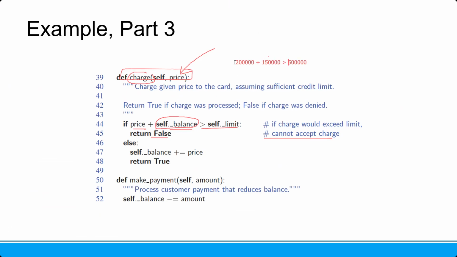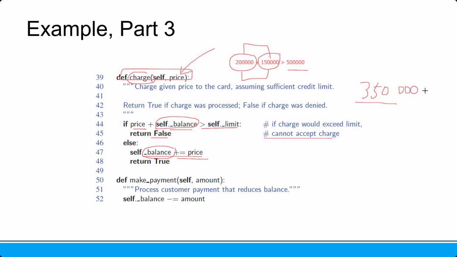Then we need to check. If I already have my current balance, and I want to buy a new product, then I need to do the summation. If those 2 is higher than the limit, stop. If it is not higher than the limit, then okay, I can put the balance plus the price. Then the new balance will be that sum.